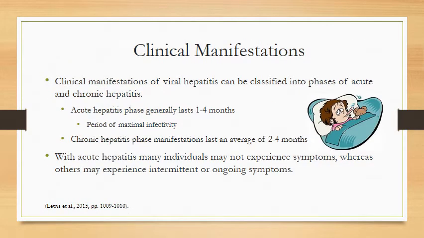Clinical manifestations of viral hepatitis can be classified into 2 phases: acute hepatitis and chronic hepatitis. With acute hepatitis, the manifestations generally last 1 to 4 months, which is the period of maximal infectivity. With chronic hepatitis, the phase of manifestations generally lasts an average of 2 to 4 months.